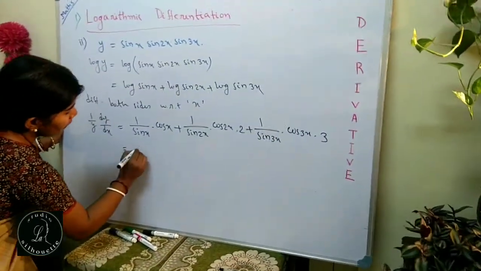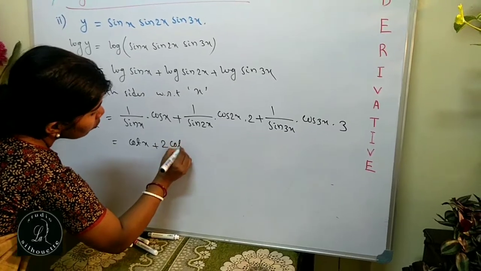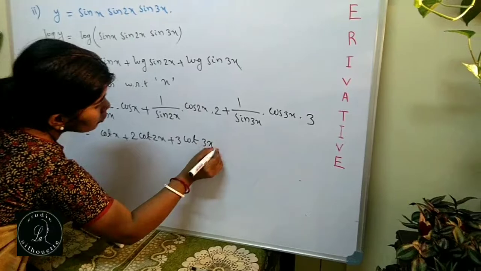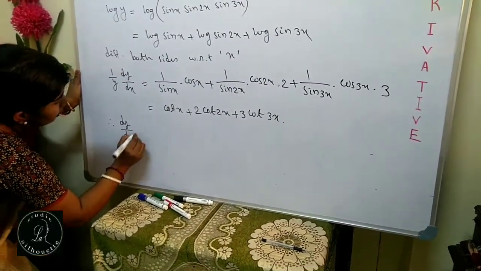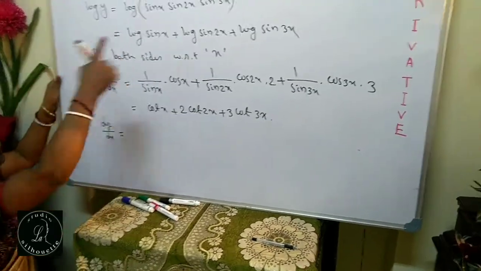So we are getting here cot x plus 2 cot 2x plus 3 cot 3x. Therefore, dy/dx equal to y into this whole thing, and the value of y is this one.